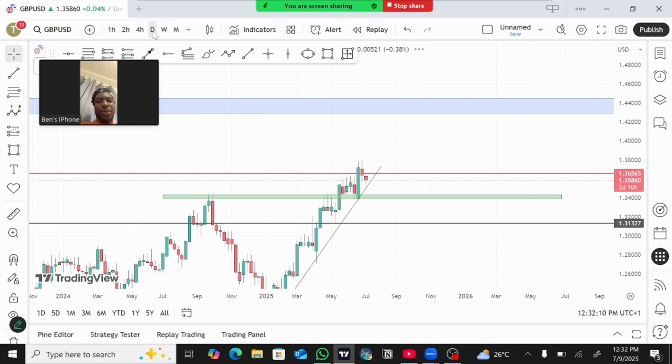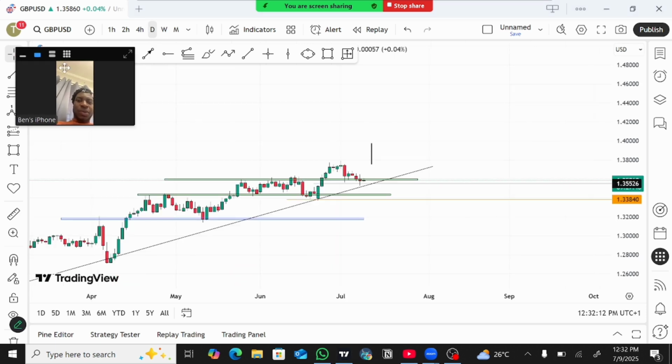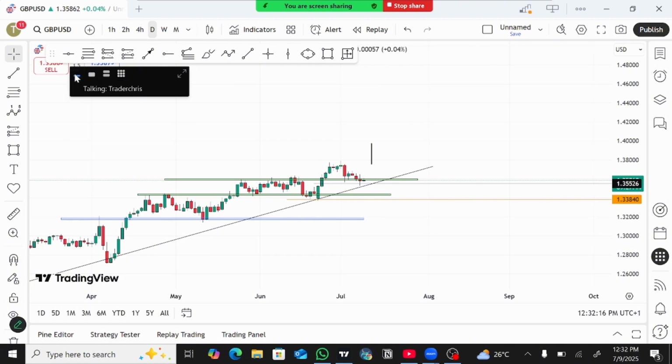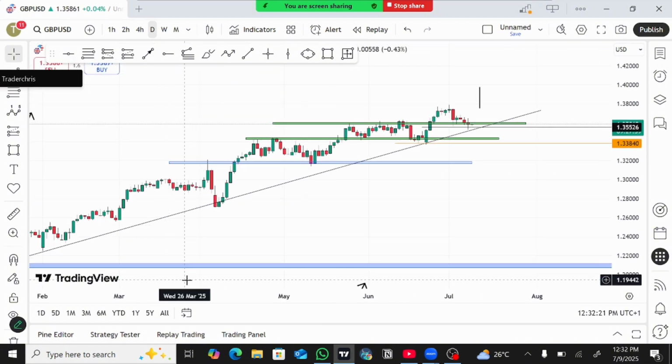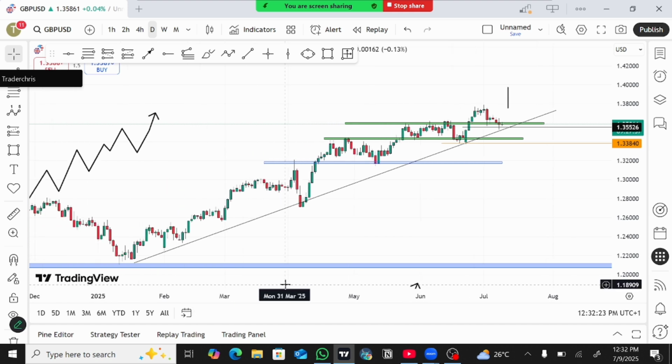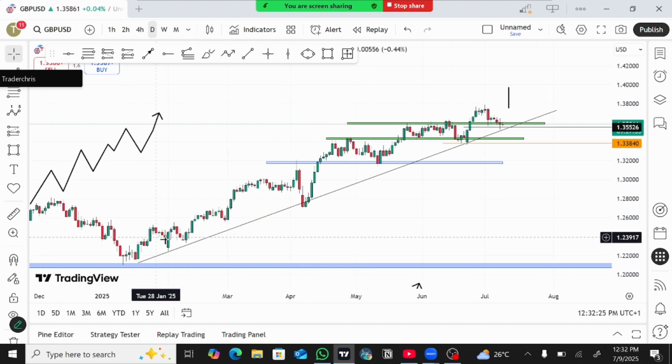So if I go to the daily time frame, you can see the immediate trend clearly, right? You can see the move that has been happening, and if you use Elliott wave pattern structure for this particular move here, you can see that it has been happening.